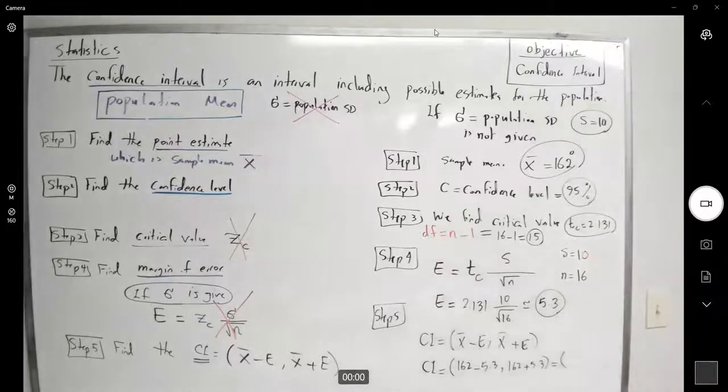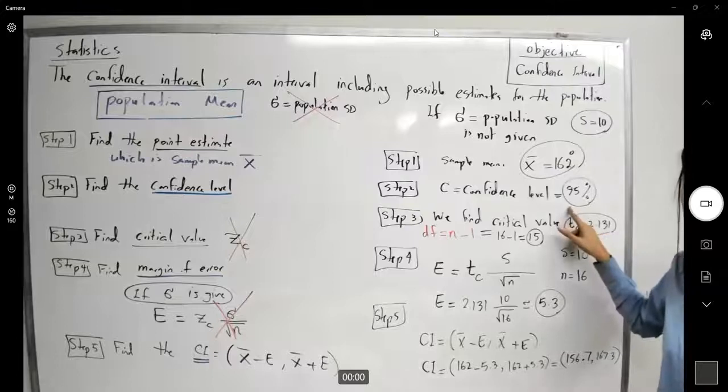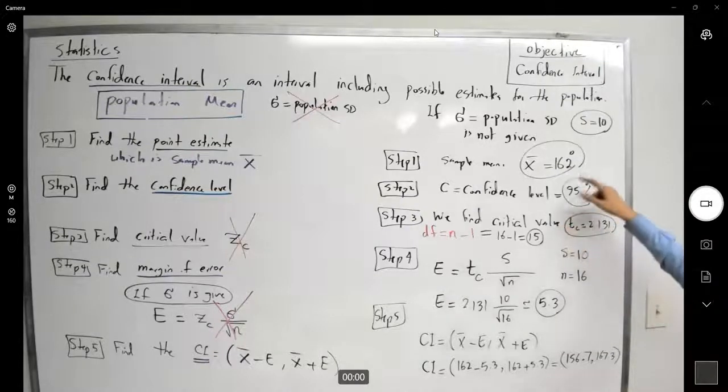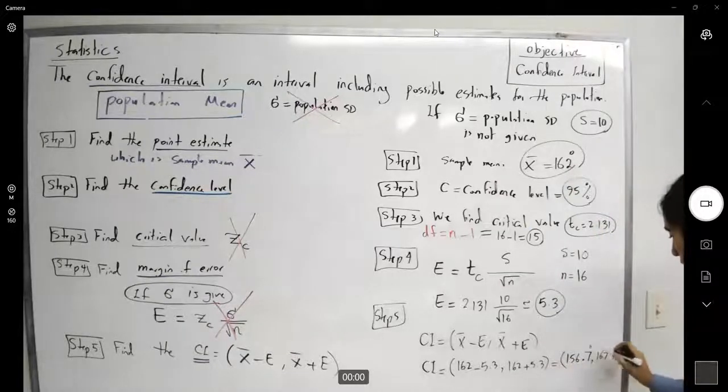Let's do the calculation. Here we get 156.7, and here we have 167.3. So we are 95% confident that the average temperature of coffees is between 156.7 degrees and 167.3 degrees. This is our observation.